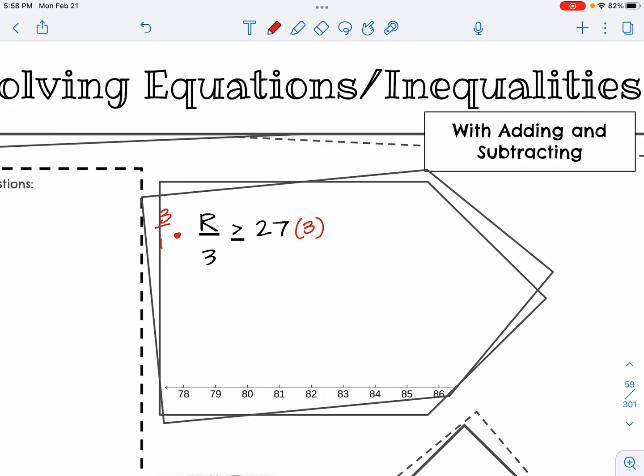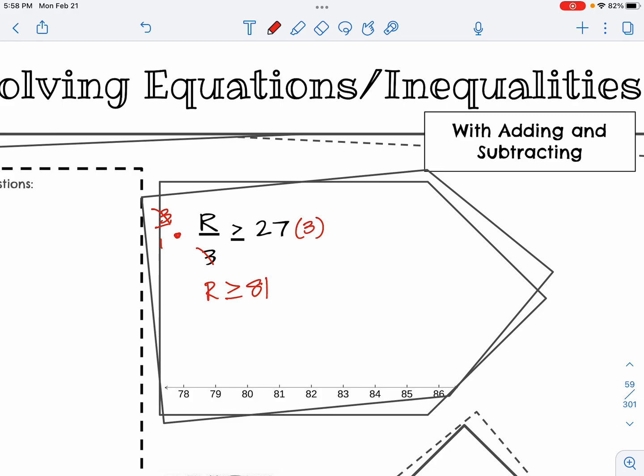And so my 3's are going to cancel out to 1, because 3 divided by 3 is 1. So I'm left with R is greater than or equal to, well, 27 times 3 is 81. So my answer is 81.